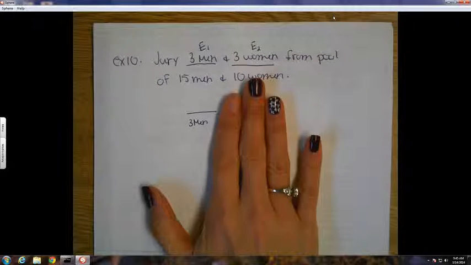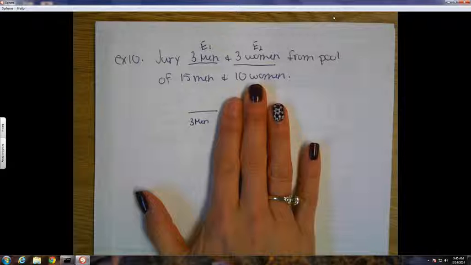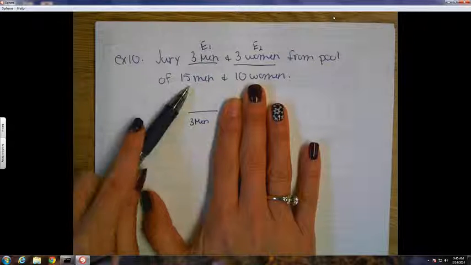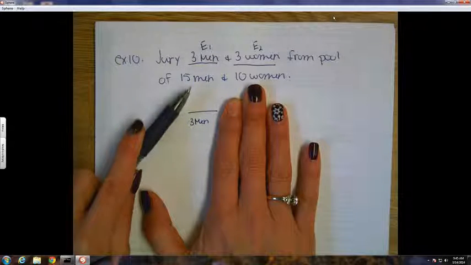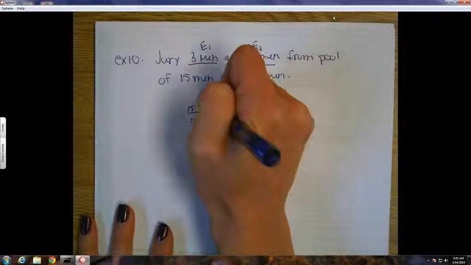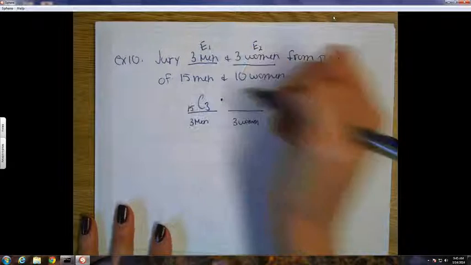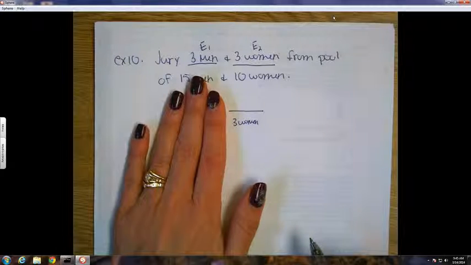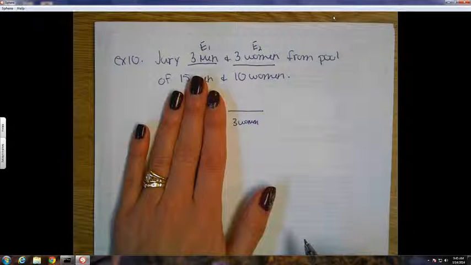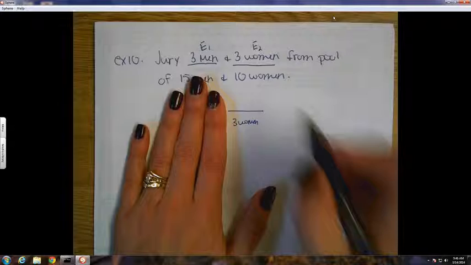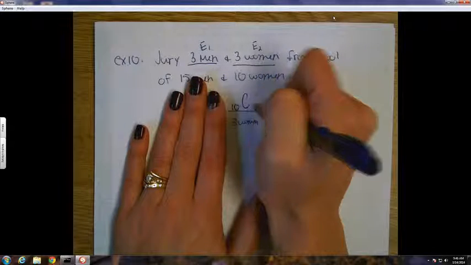So just pretend it was 3 men. What would you do to see how many ways you can pick 3 men? 15 choose 3, because there's 15 men to pick from, and I want a set of 3. Multiplied by, pretend this was a problem by itself, I want to pick 3 women from the women: 10 choose 3.